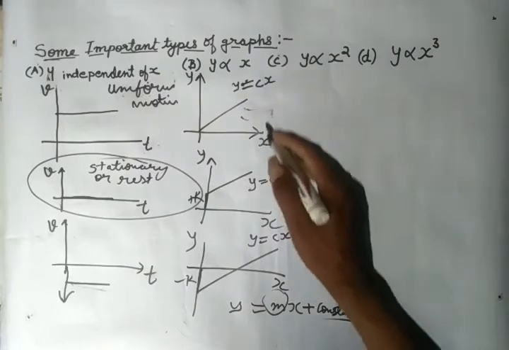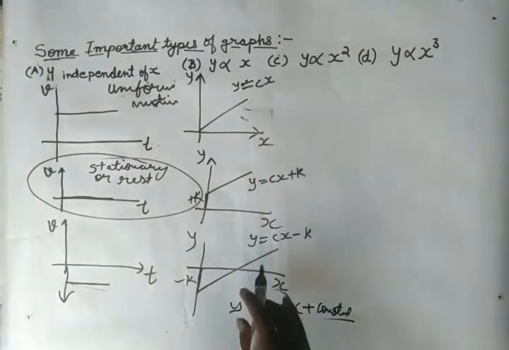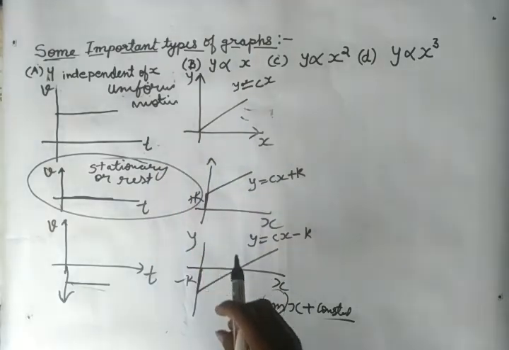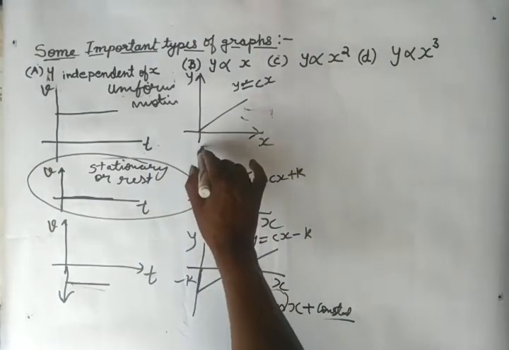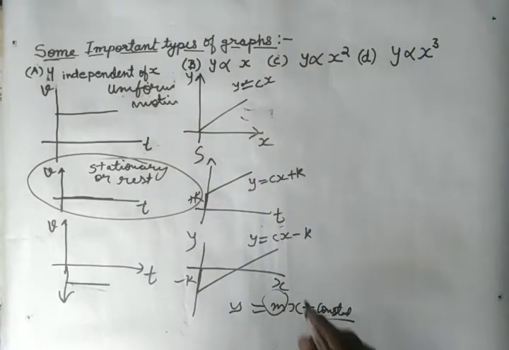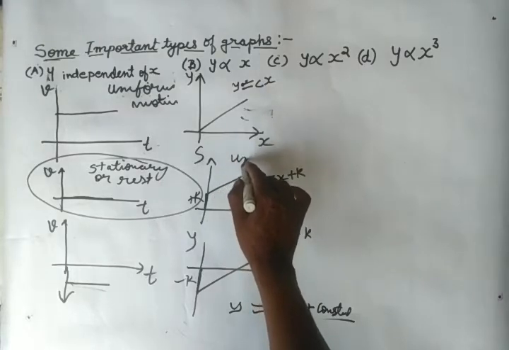Now, okay, on the basis of this, we have some certain graphs. Like first, we will deal with this. So if I am writing here, ST graph for constant velocity or uniform motion.